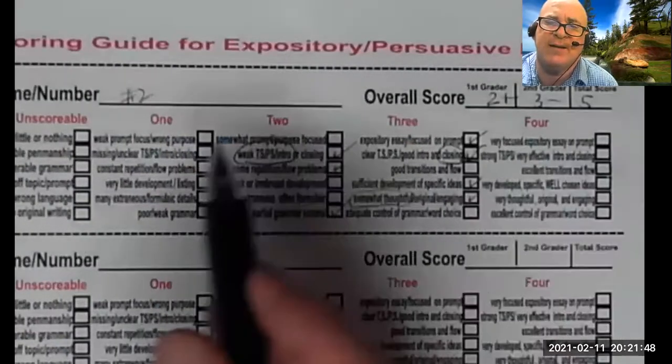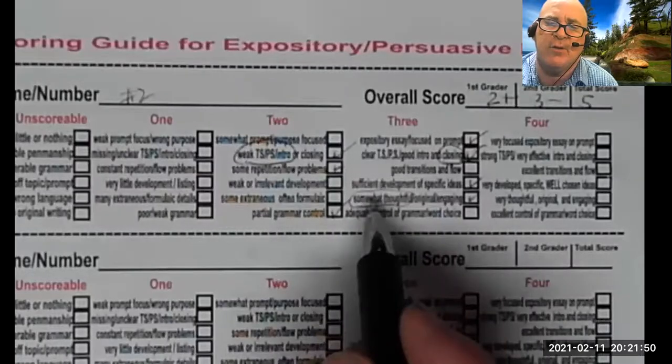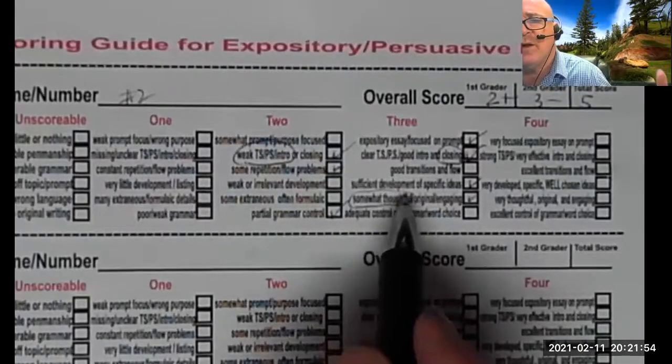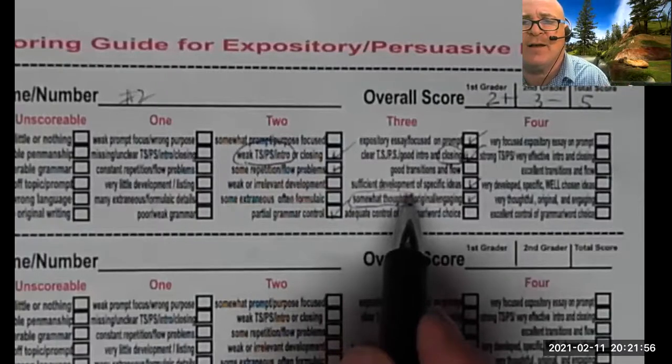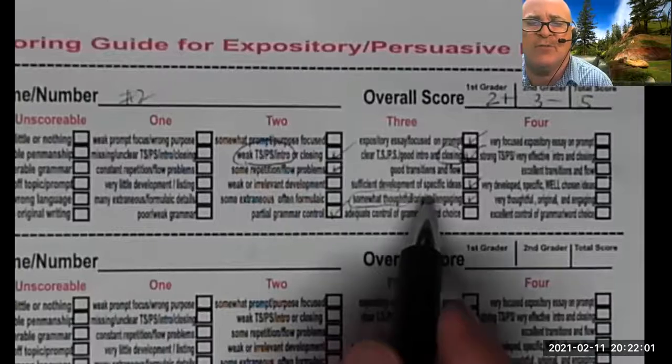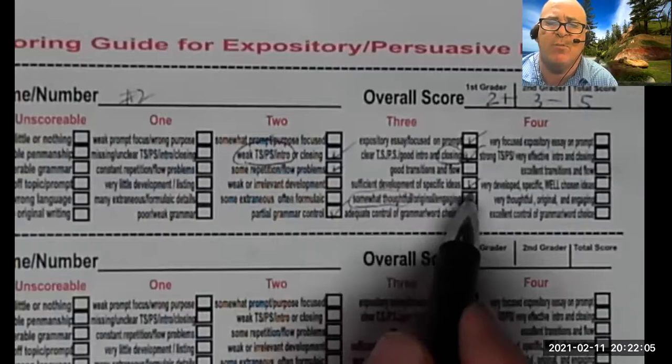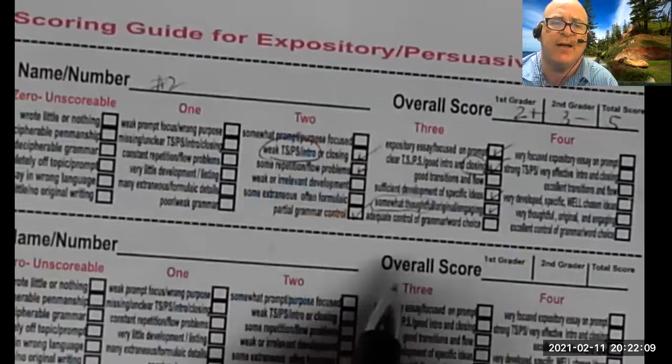I felt like the way that the student connected the ideas of the dad being a hard worker to the way that she reacts when he comes to pick her up at daycare, I thought that connected well enough to be a 3. I'm going to ask some questions in a moment. It was somewhat thoughtful, so I gave it a 3 there.